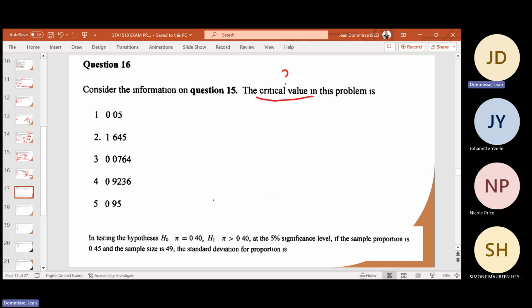If this was in your exam, what would you have done to calculate that critical value?